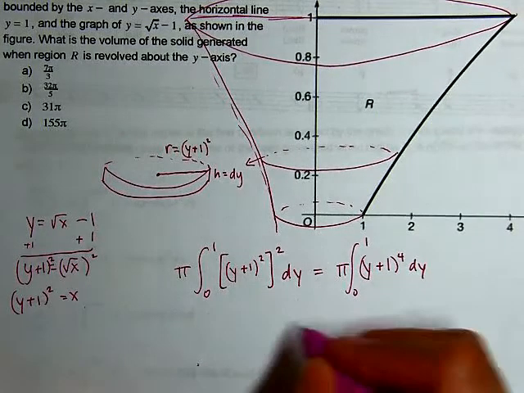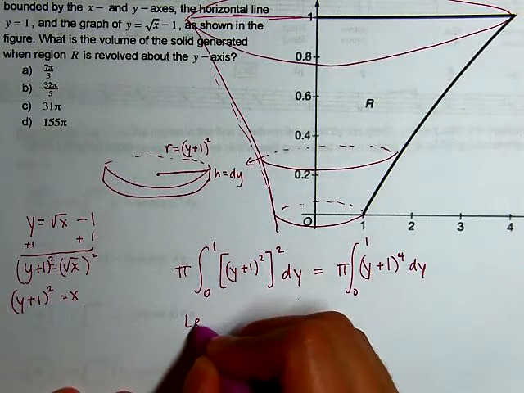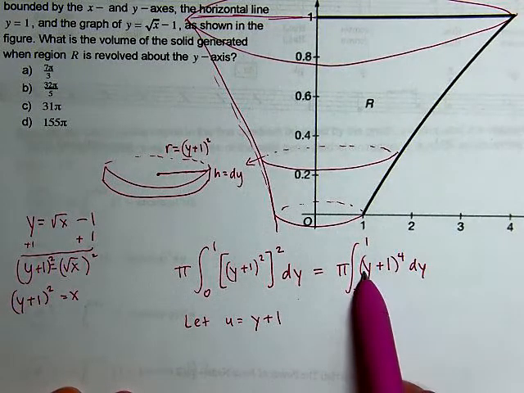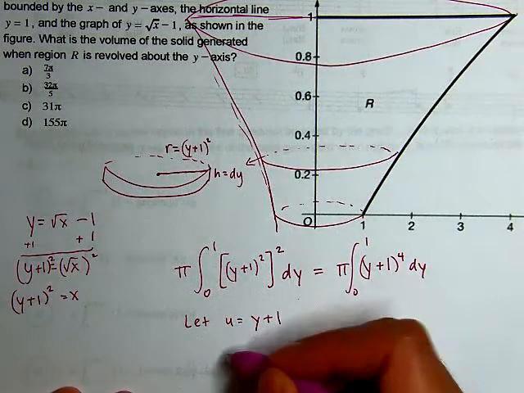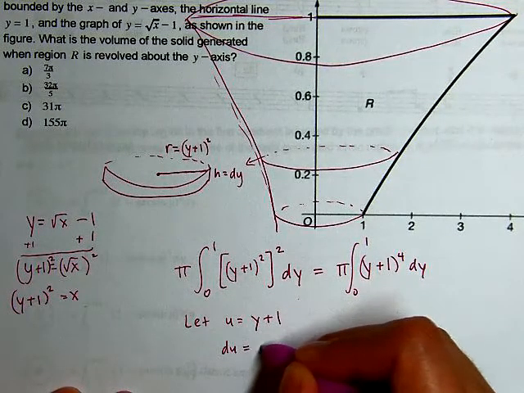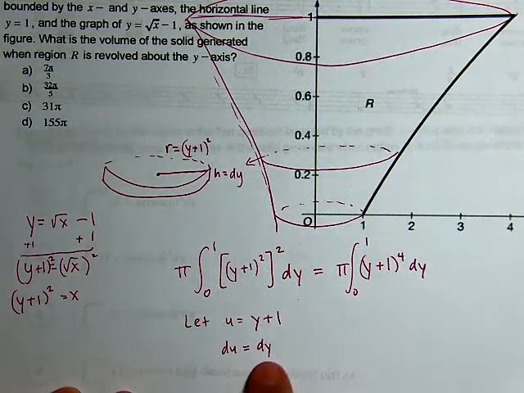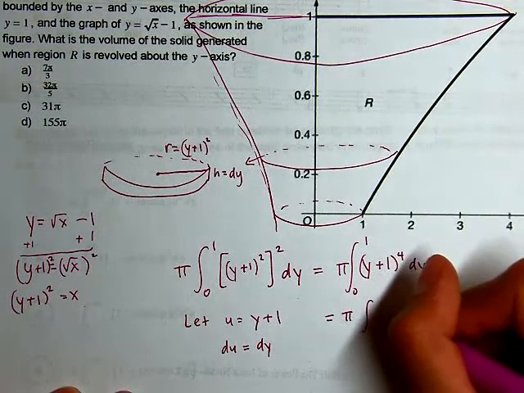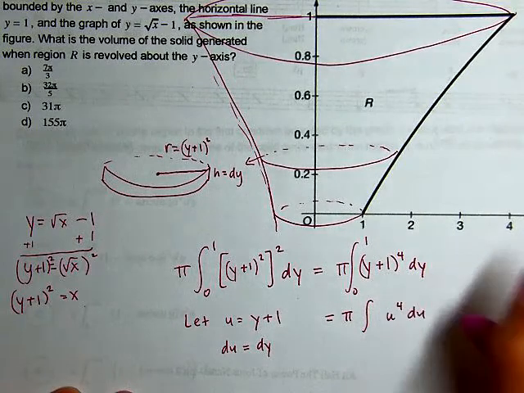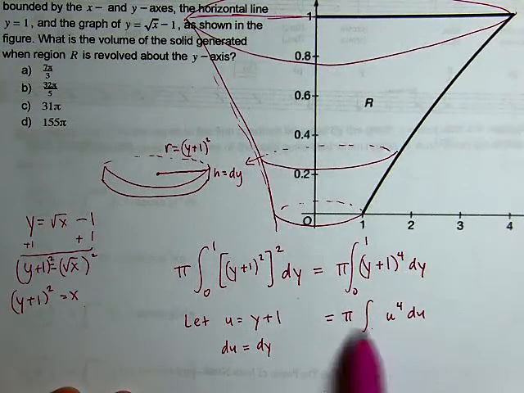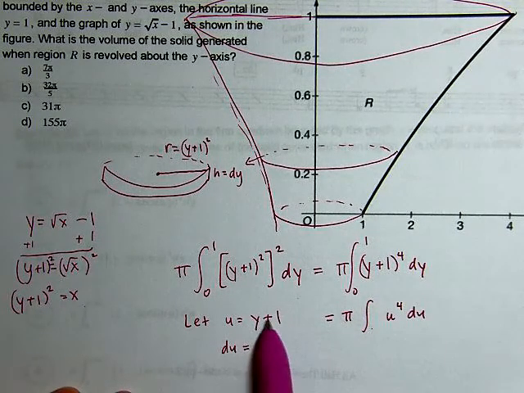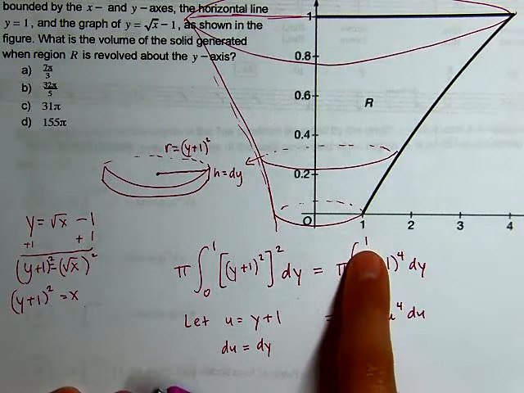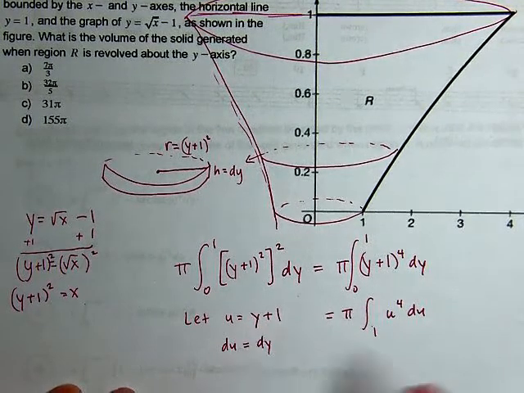And so here you can use U-Substitution. If you let u equal y plus 1, we have du equals dy, and that works out well. We have a dy right there. So this turns into u to the 4th du, and my limits, if I plug in 0 here, 0 plus 1 becomes 1, so instead of 0, I now have a 1. If I plug in my upper limit here, 1 plus 1 becomes 2.